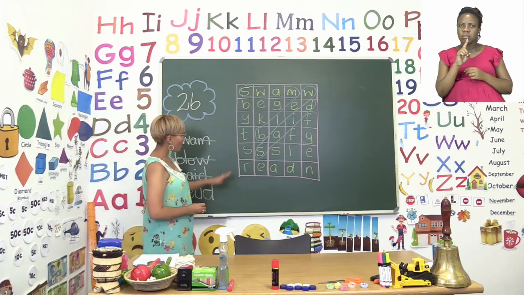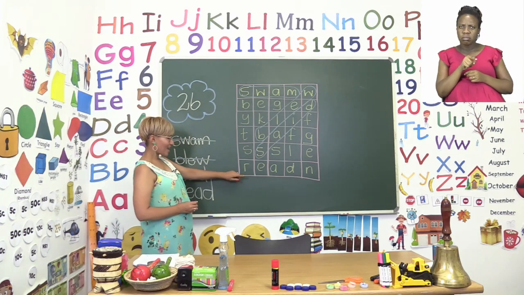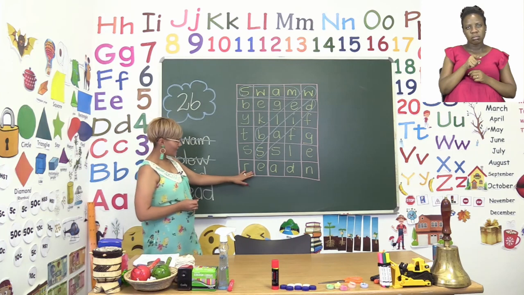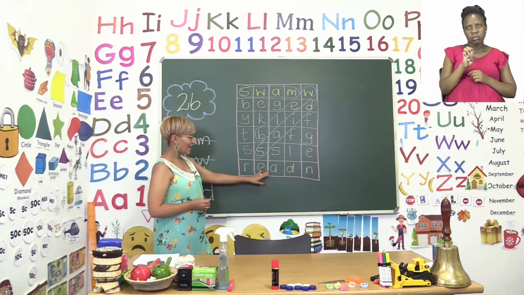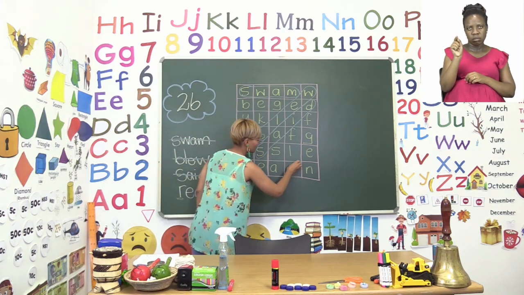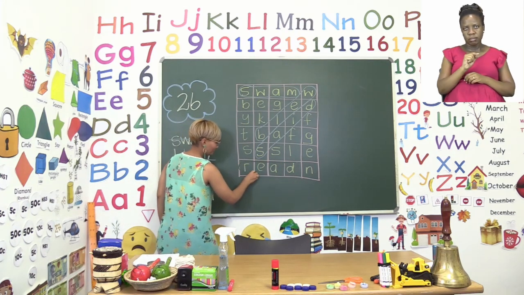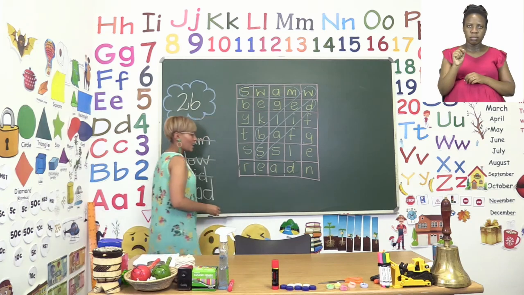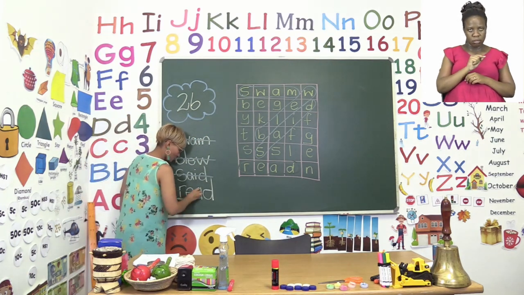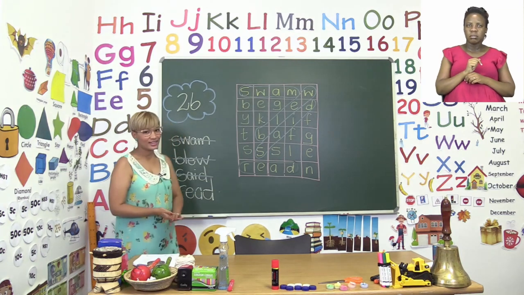It is your R. And wow, look here, way at the end we have the letter R. And then right next to it, E, A, and D. There we have it, everyone. We found the word read. So now we go ahead, we circle it in the word search, and then we cross it out from our list.